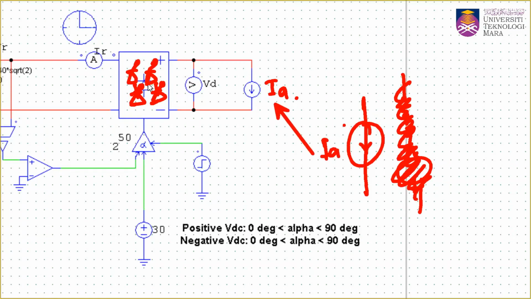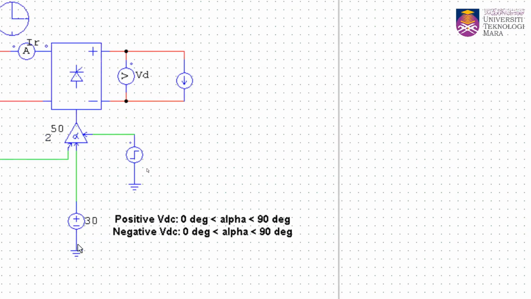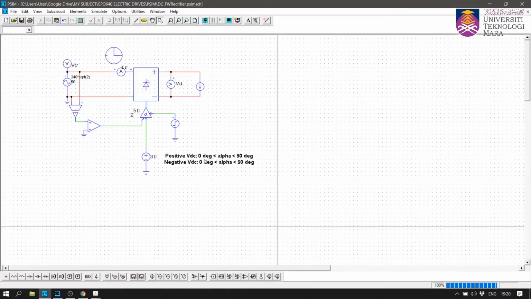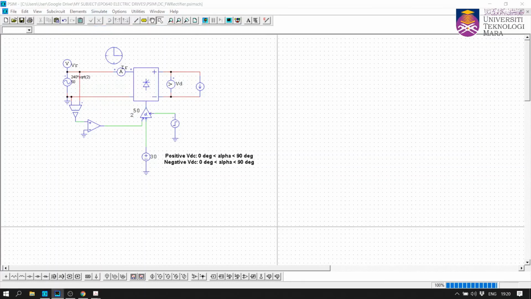Okay, so now we're going to simulate the circuit. There is a note here: positive VDC when we have 0 to 90 degrees. So we start with 30 degrees, which is still between 0 and 90 degrees. So alpha here is 30 degrees. Now I'm going to simulate the circuit.